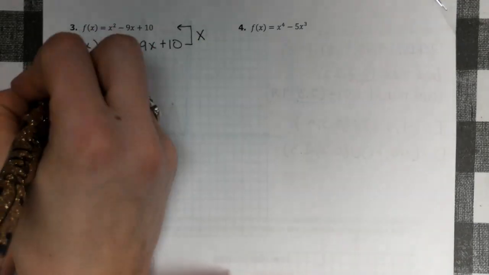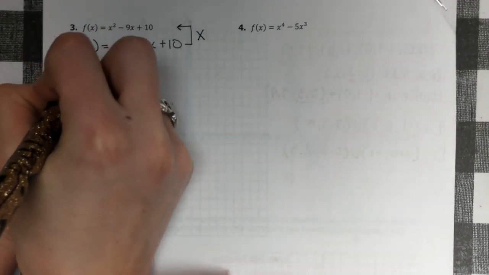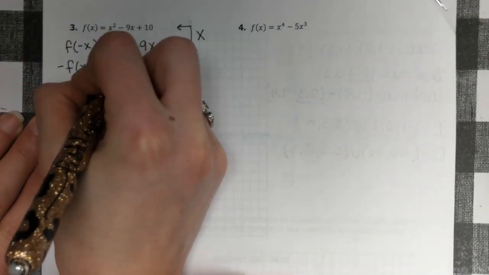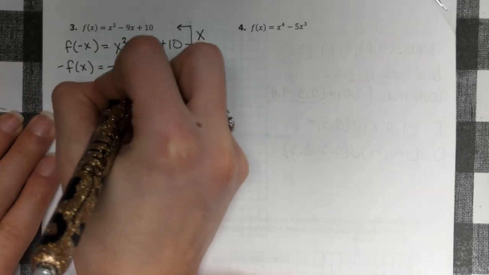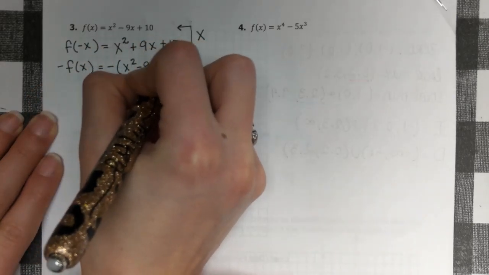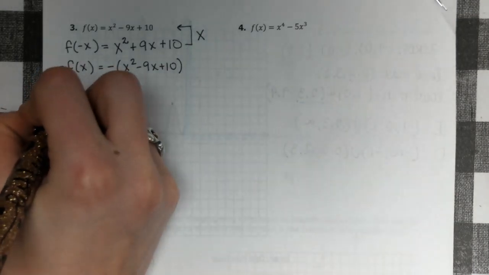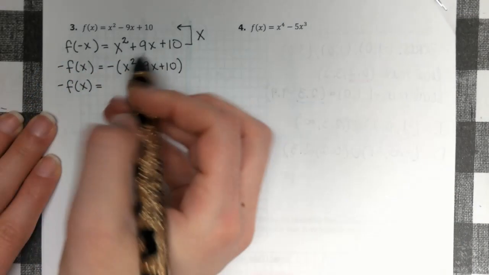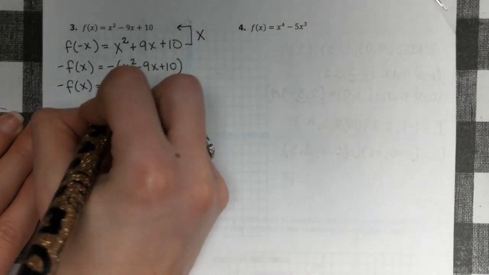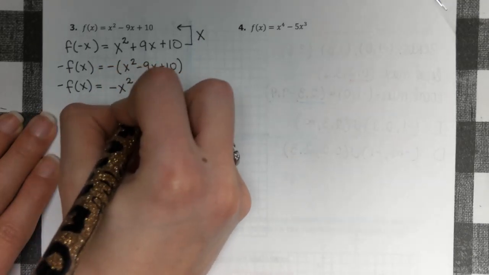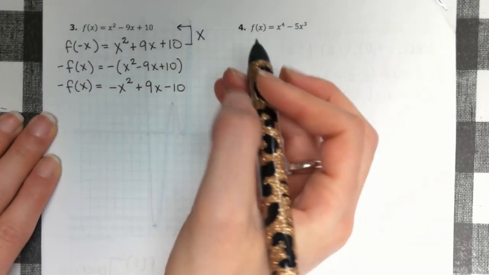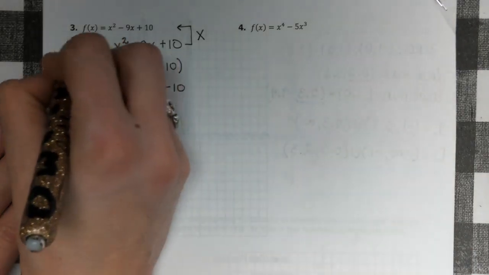Okay? So now I find negative f of x. So I've got my negative in parentheses. I copy down my function. So that becomes a negative x squared plus 9x and then negative 10. Okay.